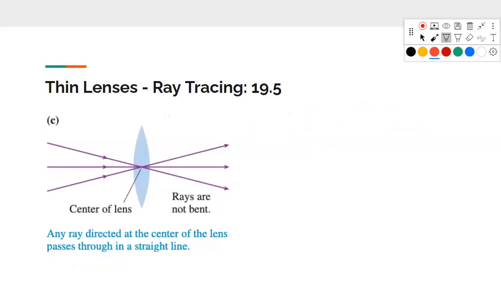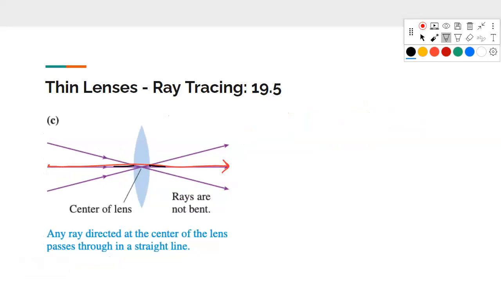Okay. And finally, rays traveling through the center of the lens are not bent, even if they're traveling through at an angle. So this is different than what I said before. What I said before is the special case: this horizontal line will never be bent because the normal is just parallel to it. So there's no Snell's law business happening there.